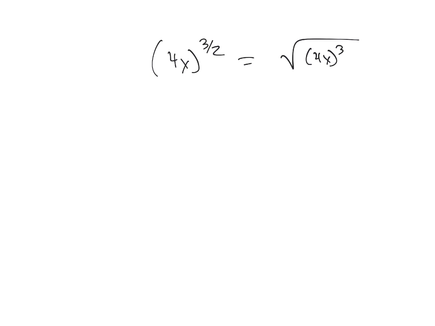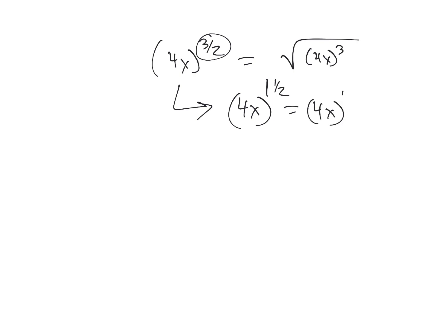The other way to think about this is the 3/2 there, which is kind of what we talked about when we did this. Again, that's 4x to the 1 1/2, which is the same thing as 4x to the first times 4x to the 1/2, isn't it? 1 plus 1/2 is 3/2, isn't it?